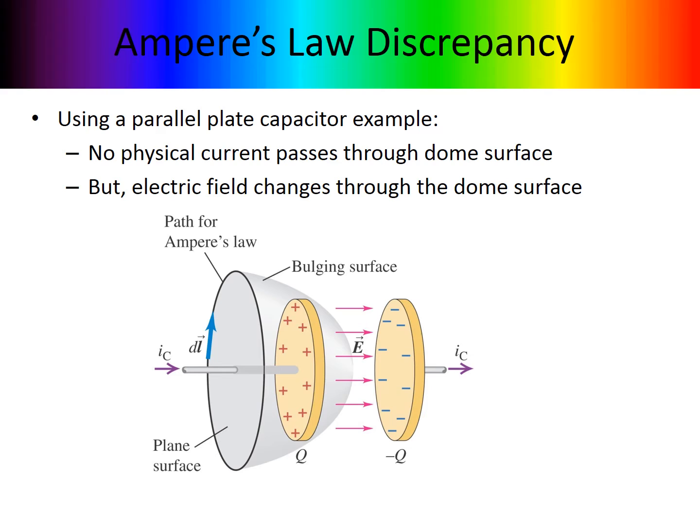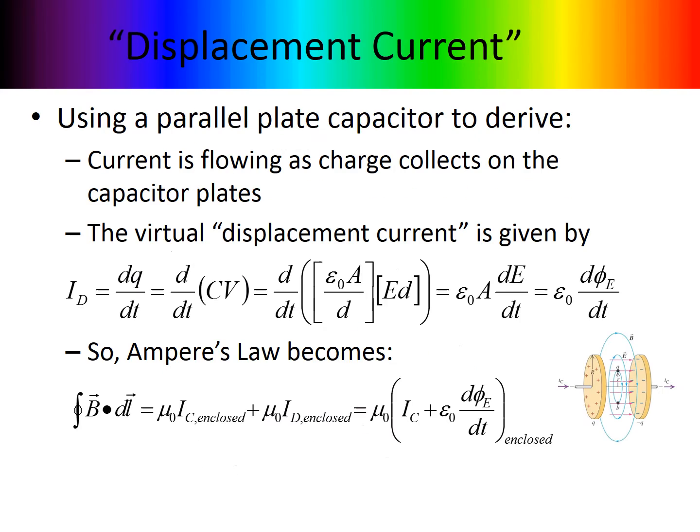And then also the path bounds the left side surface, which is like a disc, and through that surface current does flow. That current's listed as IC, or conventional current, which is basically the flow of charge onto this capacitor plate, and that would give you IC.